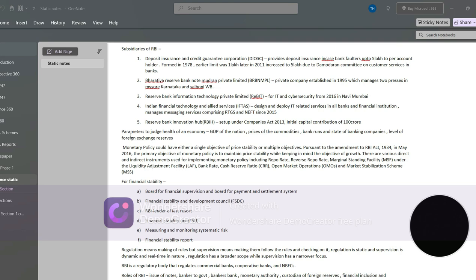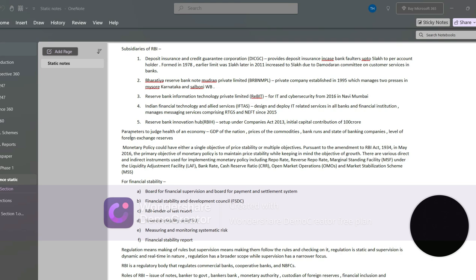Fourth is IFTAS, Indian Financial Technology and Allied Services. Basically they design IT related services in all banks and financial institutions. They also manage servicing of RTGS and NEFT since 2015. The last one is RBIH, Reserve Bank Innovation Hub.